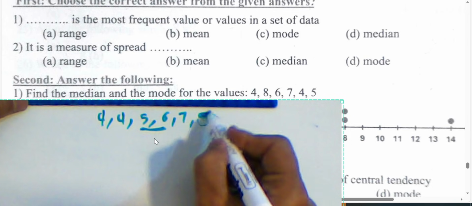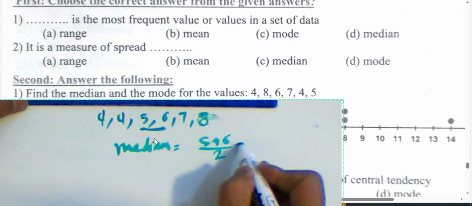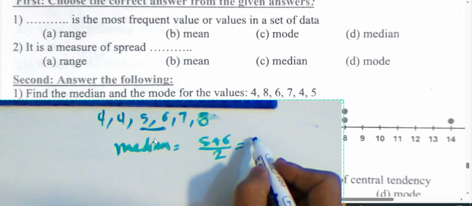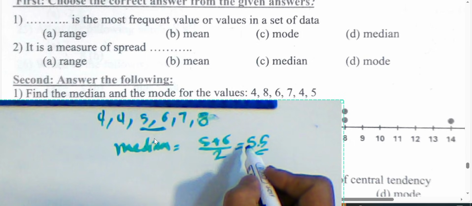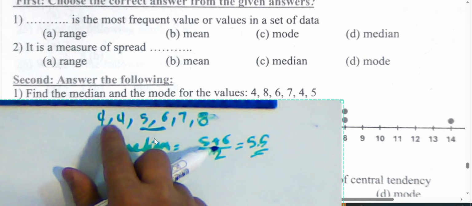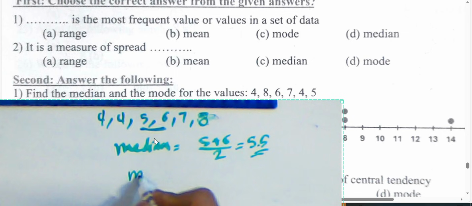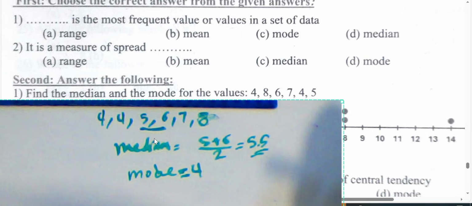Okay, we have two digits in the middle. Then the median, we can write 5 plus 6 divided by 2. 5 plus 6, 11. 11 divided by 2, it will be 5.5. Okay, understood? 4 was repeating here, so the mode equals 4. The mode here will be 4.